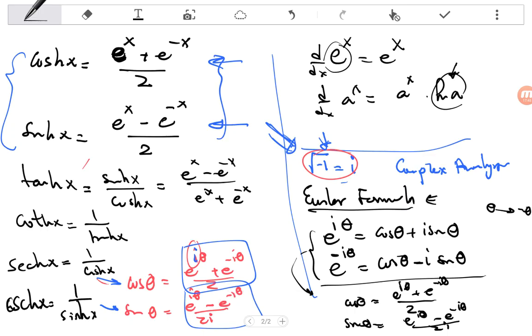Okay? So these are the definitions of hyperbolic functions. We have three basic hyperbolic functions and the reciprocals of these three basic hyperbolic functions.